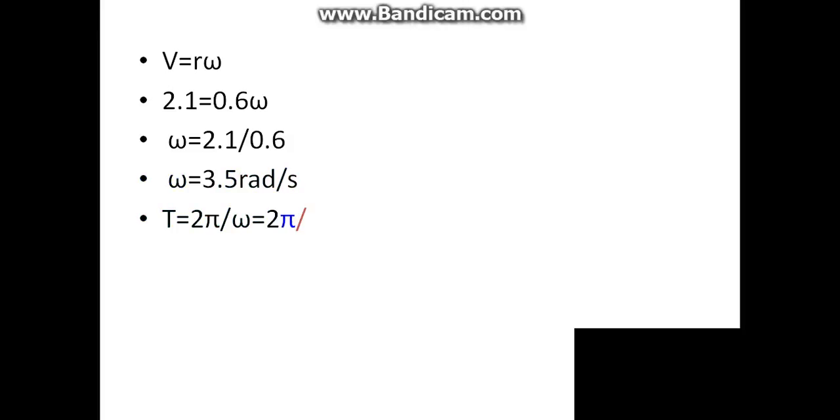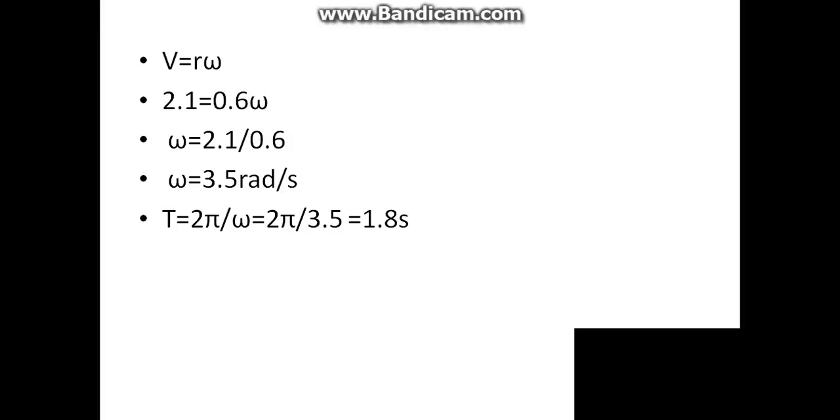Making angular velocity the subject of the formula, we have 2.1 over 0.6. The angular velocity will give us 3.5 radians per second. T is equal to 2 pi over phi, which gives us 2 pi over 3.5, which gives us 1.8 seconds.